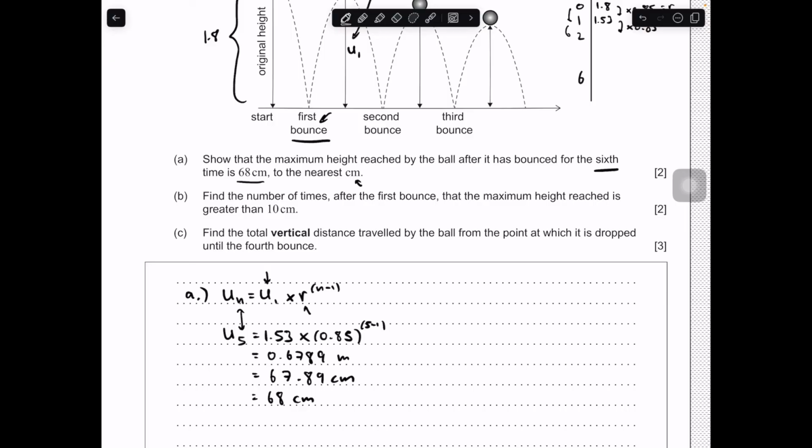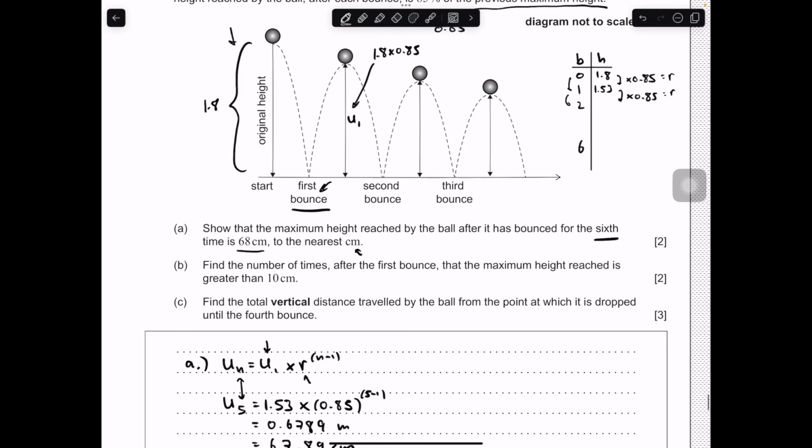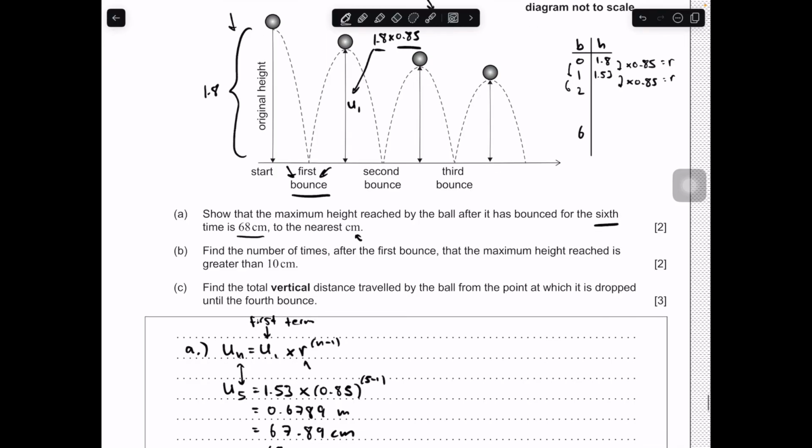All right, so I think the trick in this one, or maybe the challenge, is this is the value of the first term, and the first term doesn't correspond to the drop height itself. It corresponds to the height reached after the first bounce. So drop height times that 0.85, or 85%, to which it rises. So that's our u_1.